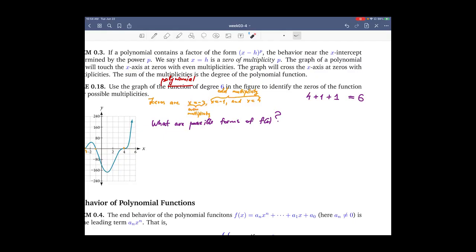-3 cannot be a root of multiplicity 6 because then -1 and 4 would have to be roots of multiplicity 0, so they wouldn't be roots at all. Naturally, -3 cannot be a root of multiplicity more than 6. So we can only look at multiplicities less than 4.